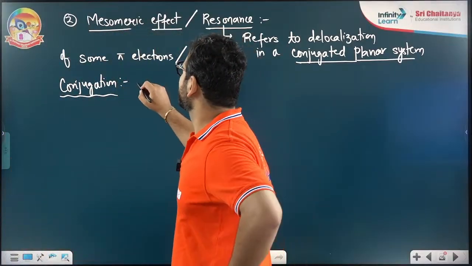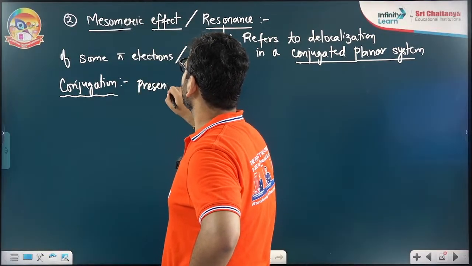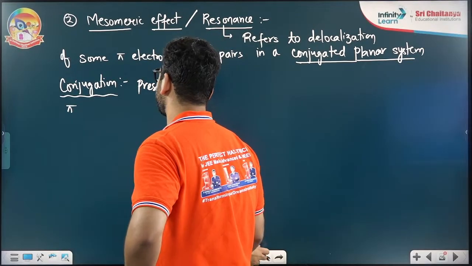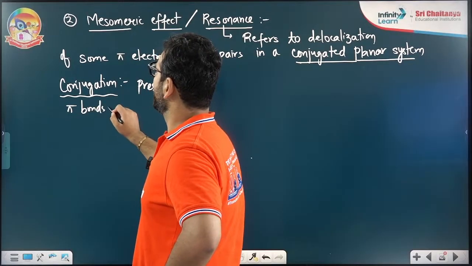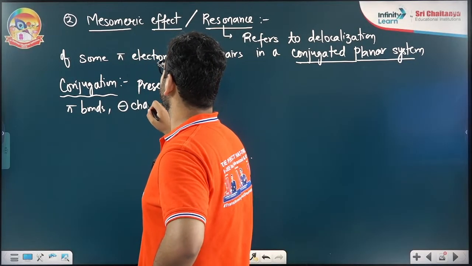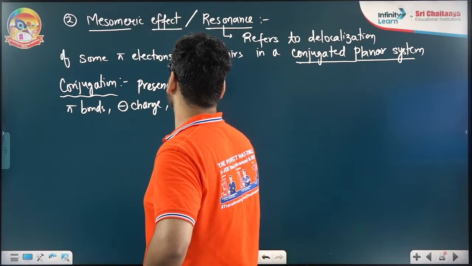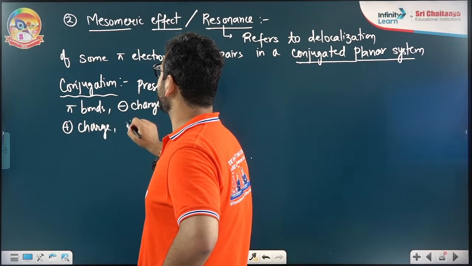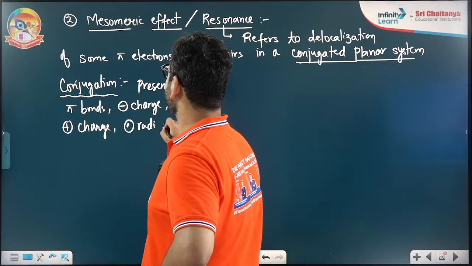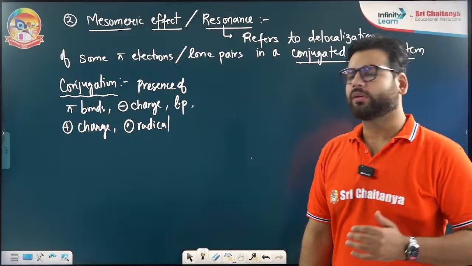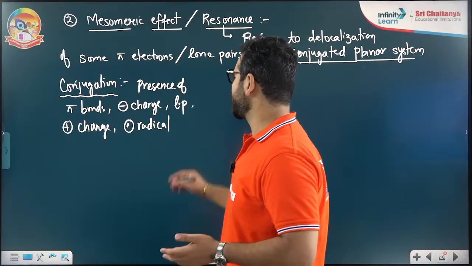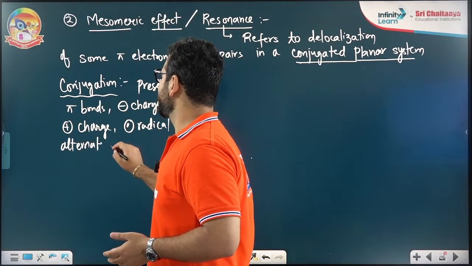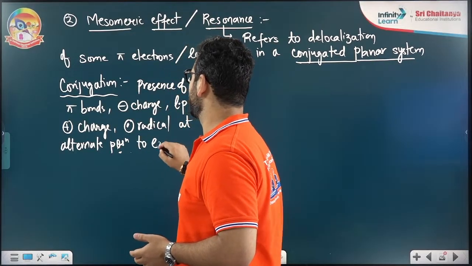So conjugation means presence of pi electrons, pi bond you can say, or negative charge, or lone pair, or positive charge, or even a free radical, at alternate positions to each other.